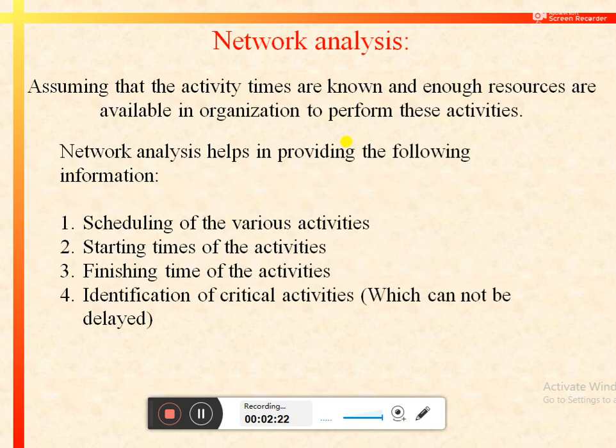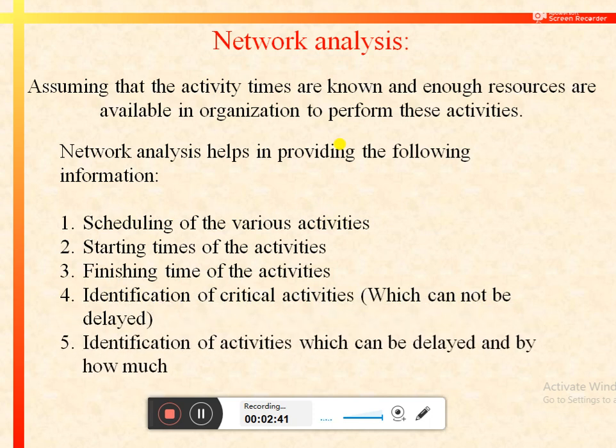And fourth point, identification of critical activities. By analyzing the network of different activities, we can identify the activities which are critical for the project or which cannot be delayed.